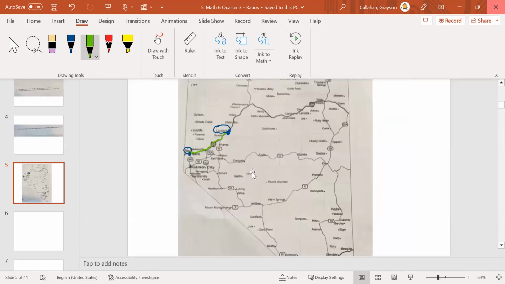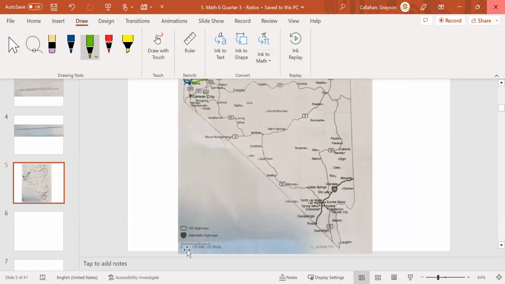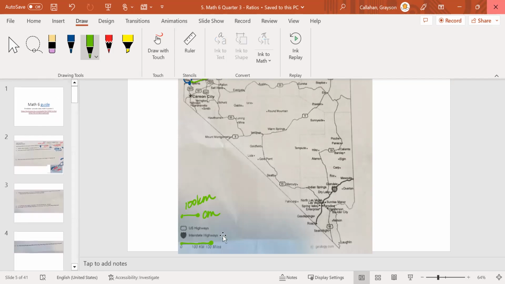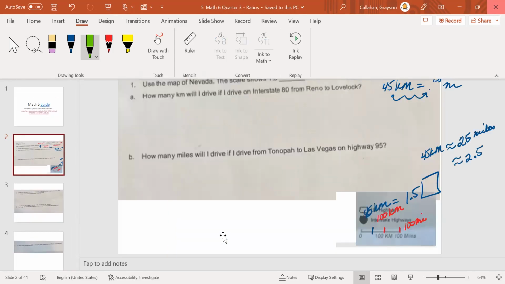Now, if you take a look at this measurement here, if it's like an inch right here, it's equal to 100 miles, right? If it's like a centimeter, from here to here, that's about 1 centimeter, it's 100 kilometers, right? Okay, so the question is asking you for kilometers, right?